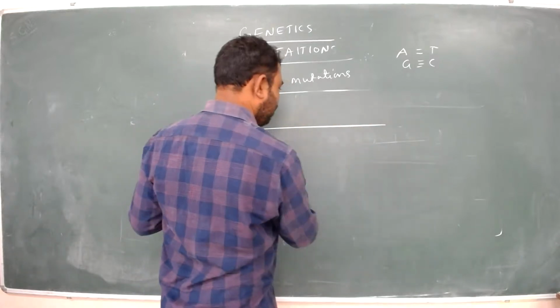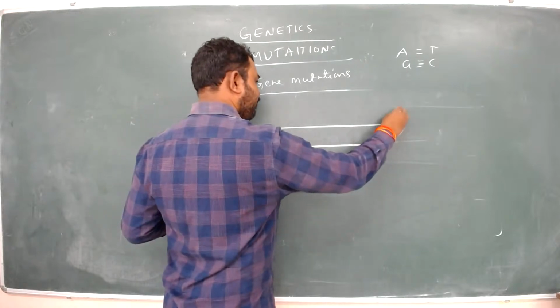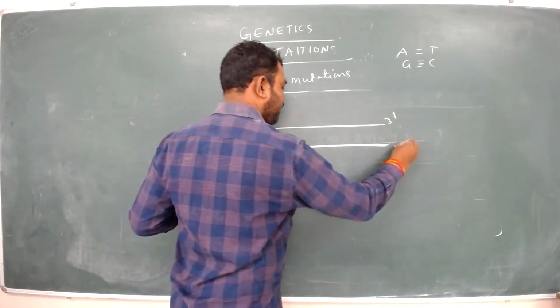I am not giving all sequences. Simply here 5 prime to 3 prime, 3 prime to 5 prime I am giving.